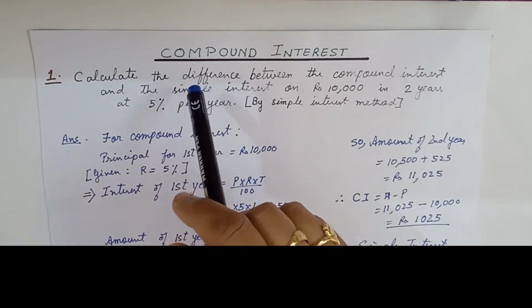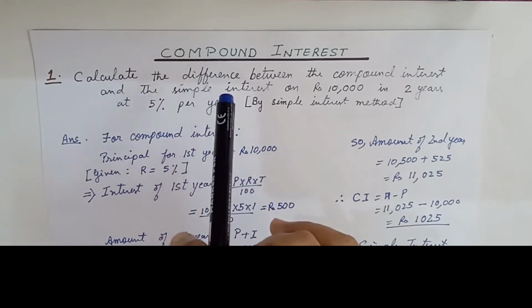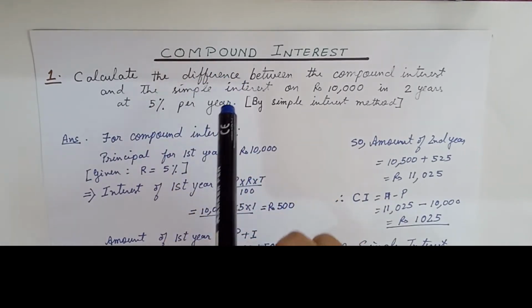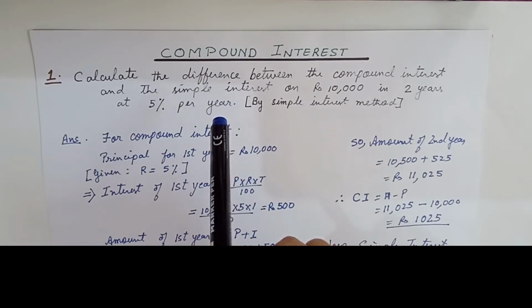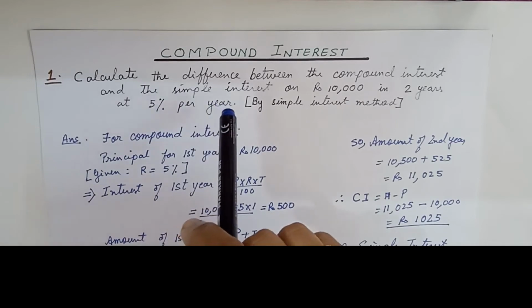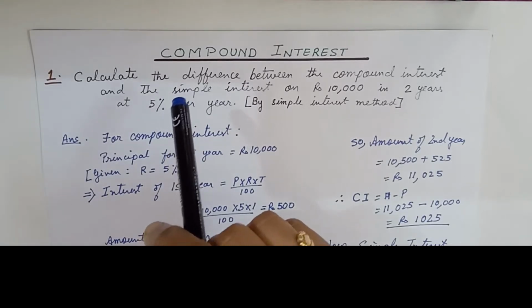Here, since it is for standard 8, I have taken only the simple ones and will explain whatever is needed. Today I'll explain the difference between compound interest and simple interest, and solve different questions for you so that you know the different methods to solve.